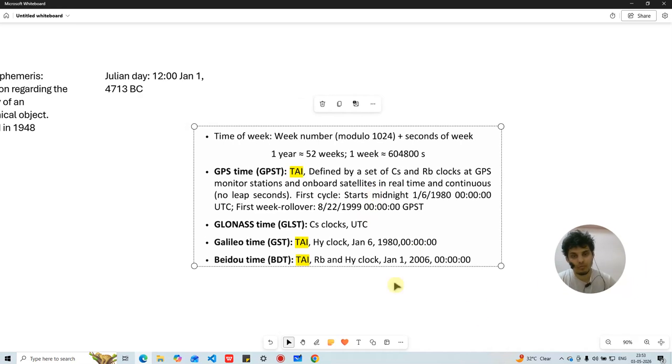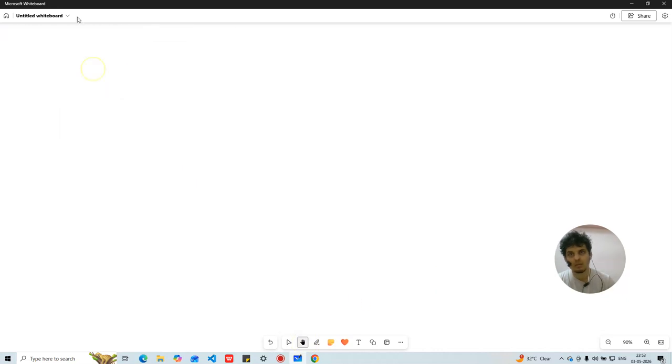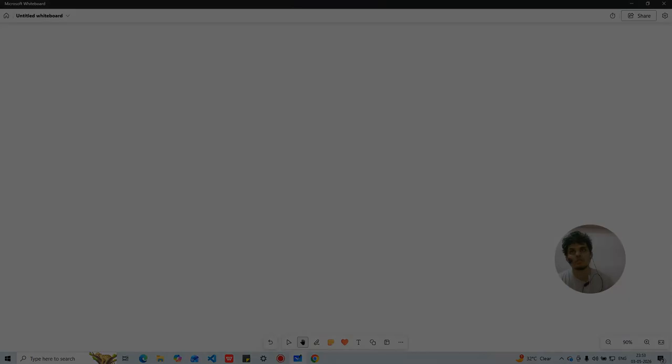So we can also define a GPS week number, I guess, and here is how you do it. Try to understand it yourself. You guys are smart enough now.